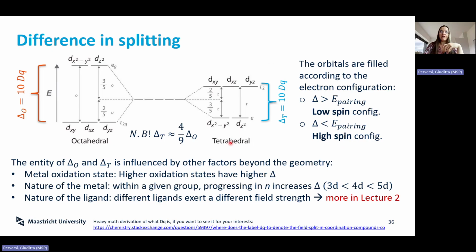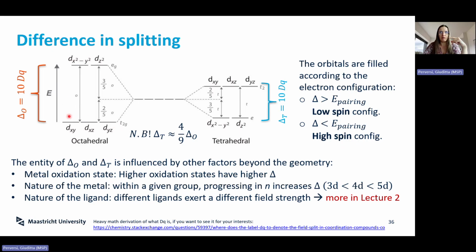When you go and fill, you need to consider that having to cross this delta is an energy requirement. So if this delta is too big, you might end up having an advantage in filling this set first, or filling all of them in sequence.